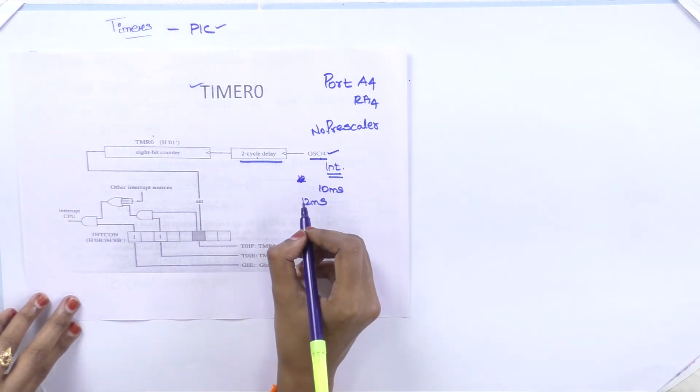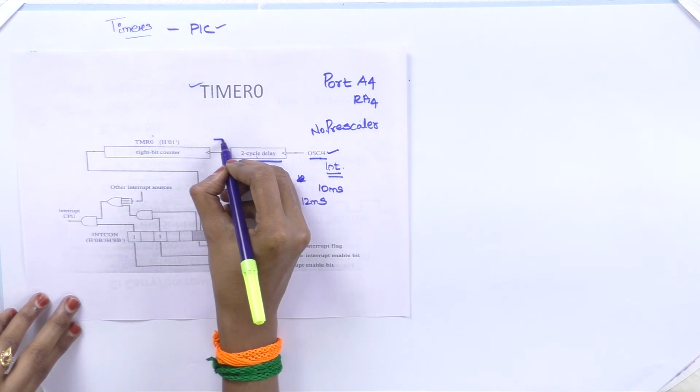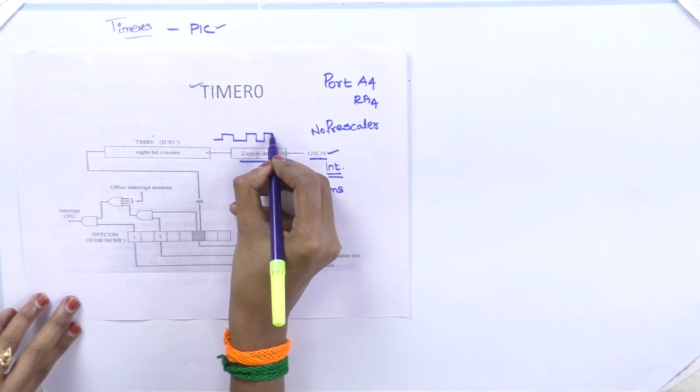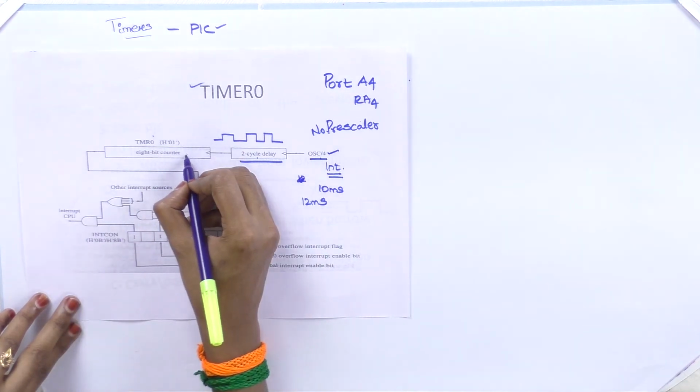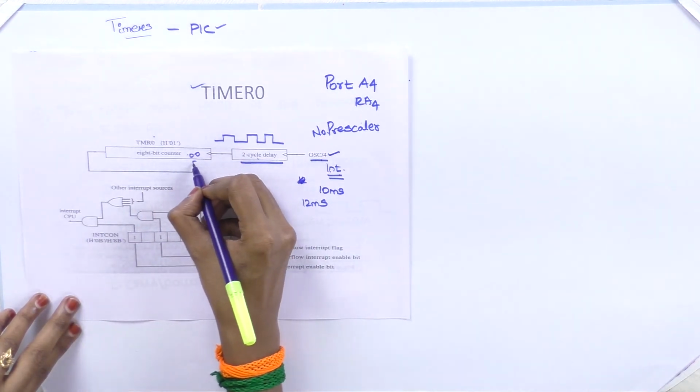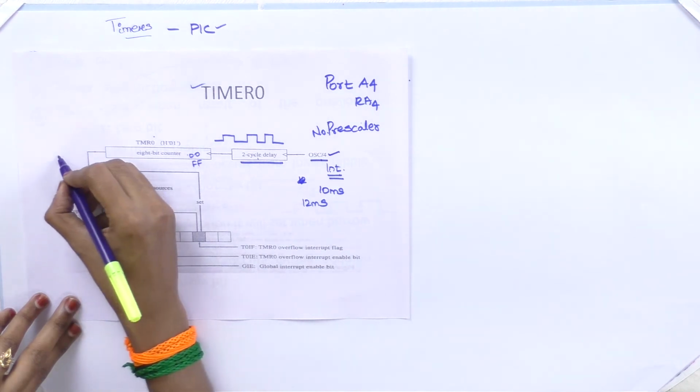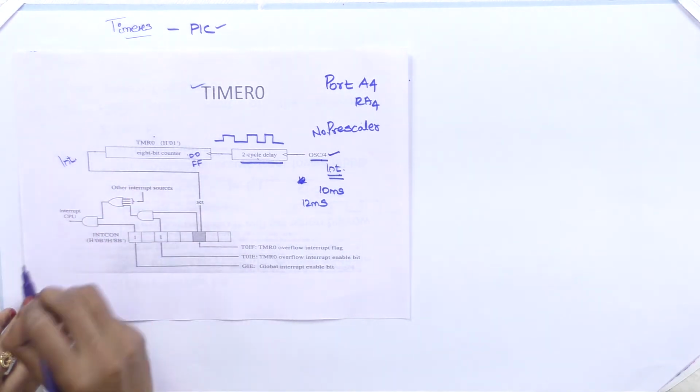For each and every clock pulse, this timer will start to count. When this timer overflows from FF to 00, an interrupt will be generated by timer 0.